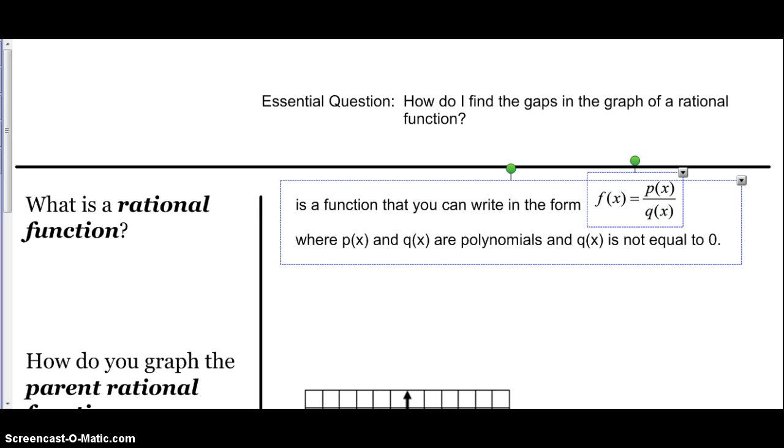So just like when we were doing rational expressions in our last unit, we have two items that are going to be divided. So we have something in the top being divided by something in our denominator here. And again, our denominator cannot equal 0, or it would be undefined.